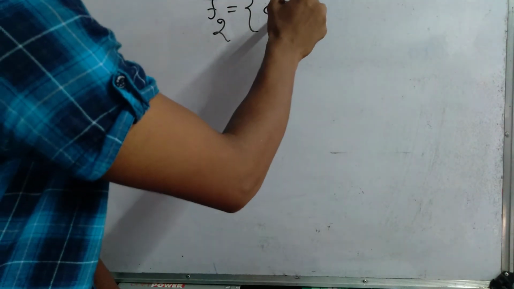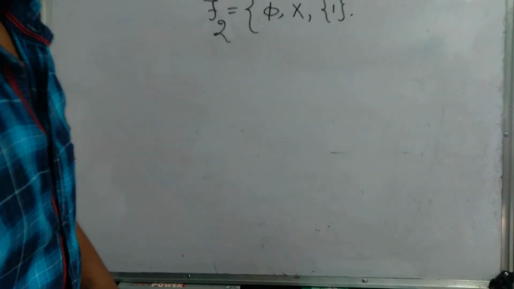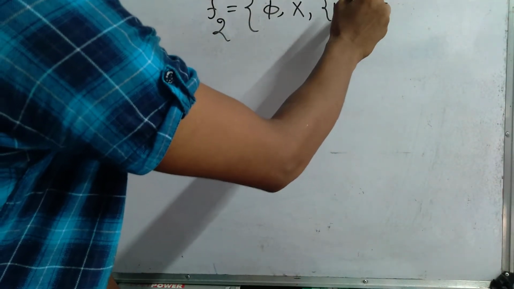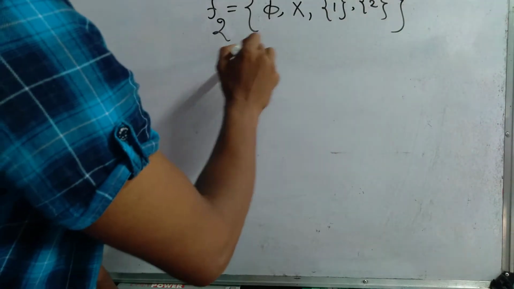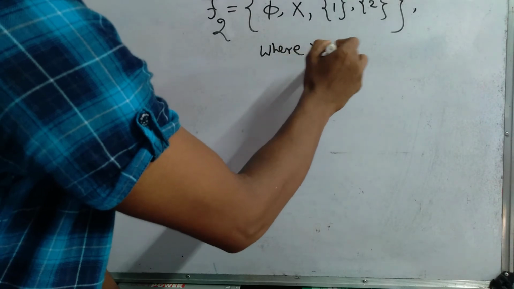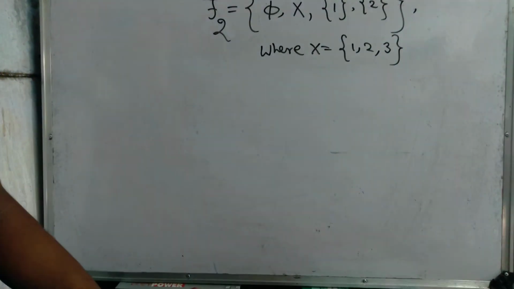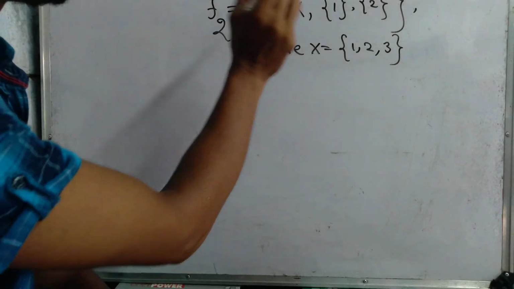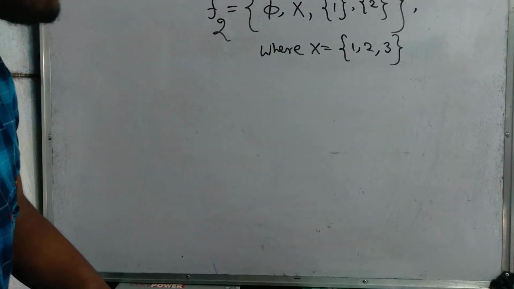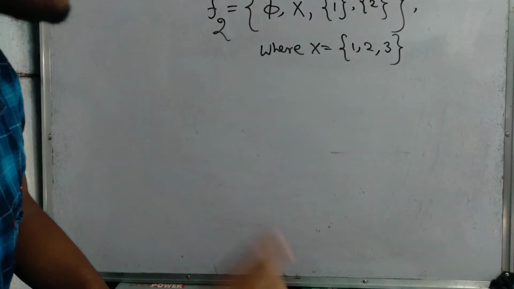We take a collection tau 2 = {phi, X, singleton 1, singleton 2}, where X is a set containing 3 elements, 1, 2 and 3.